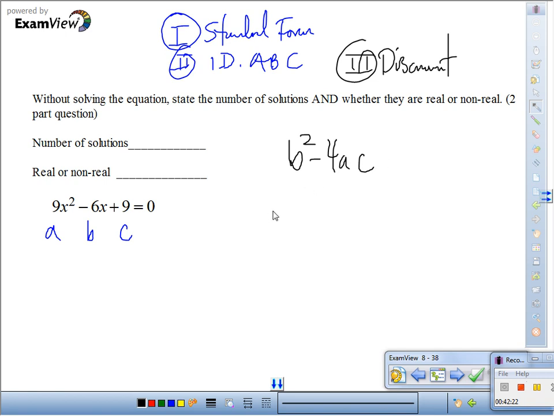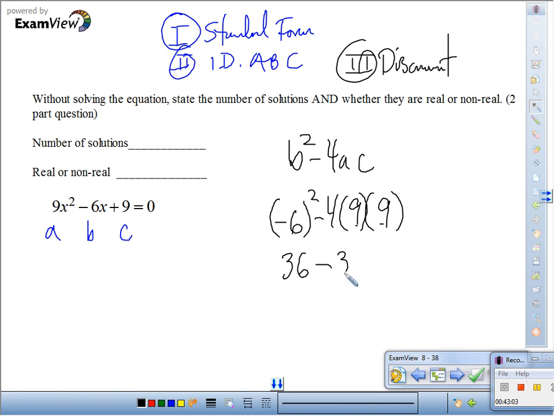Therefore, parentheses squared minus 4 parentheses parentheses. What goes in here? What is B? Negative 6. What is A? 9. And what is C? 9. Let's see what we get. This is 36 minus 9 times 9 is 81 times 4, 324.